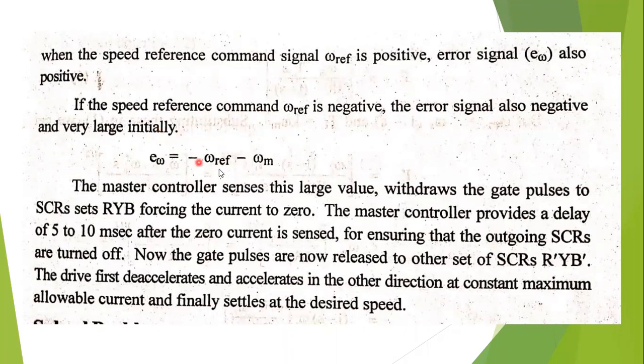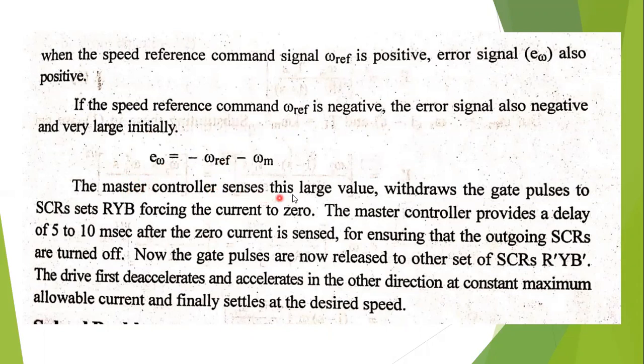So here minus and here also minus. Reference speed and actual speed both are negative, no? It is also a very large error, but the direction is reversed. So we get a very large negative error, and the initial speed error will become very large.